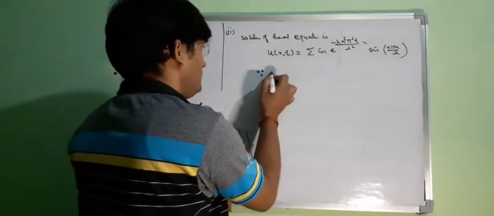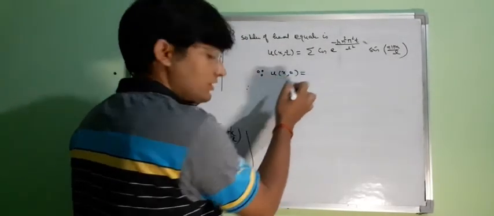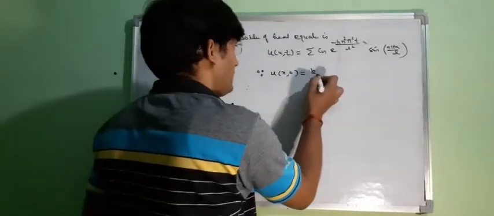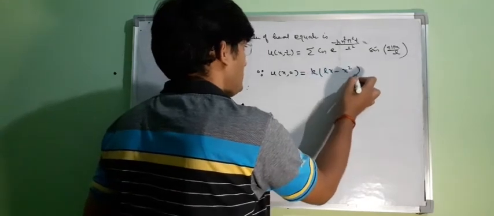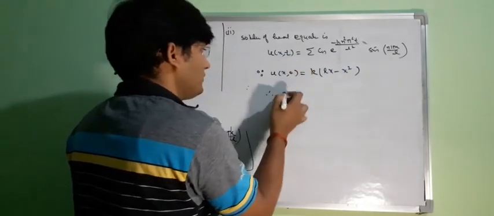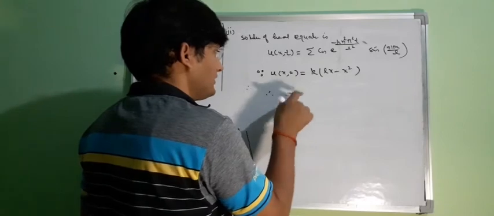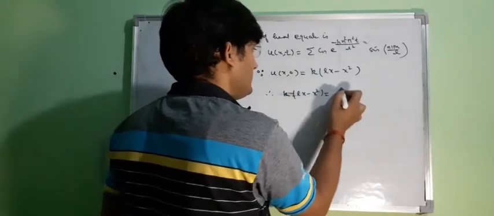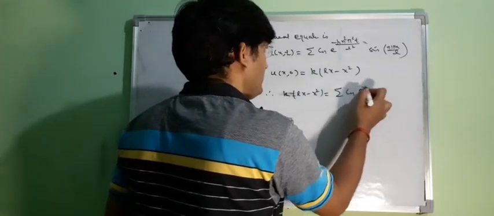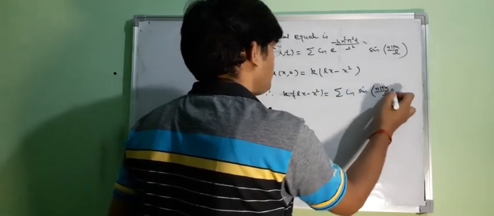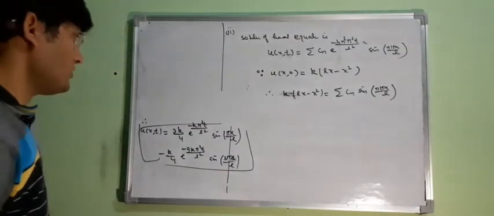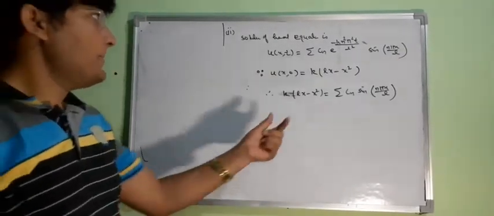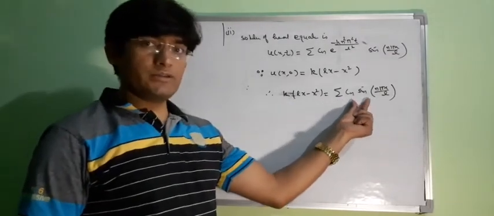Because your initial temperature was k(Lx minus x square). So therefore, if t equals 0, then in the left hand side we will have k(Lx minus x square), and in the right hand side we will have Cn into sine n pi x upon L. Now you can see that this is your half range sine series.